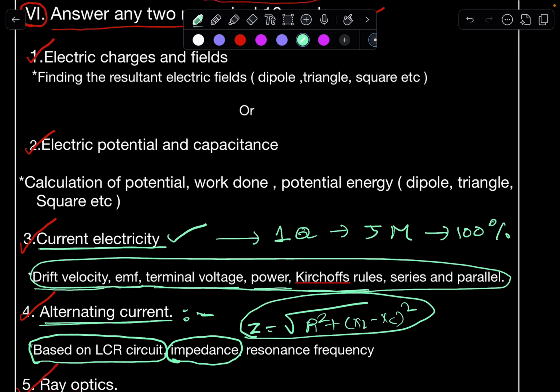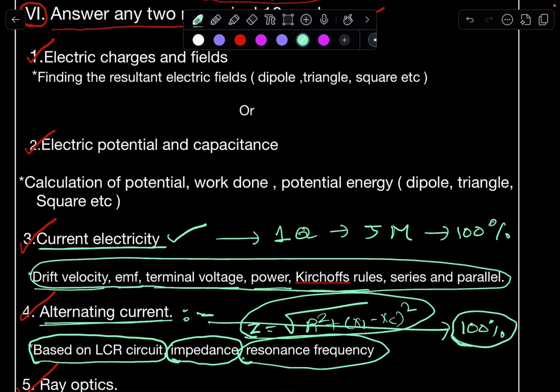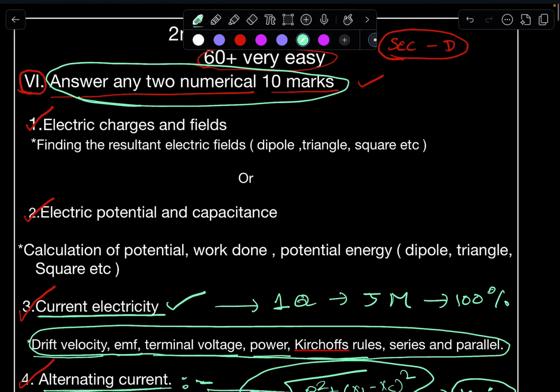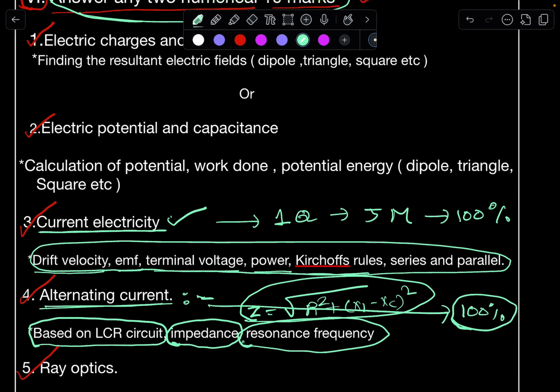So numericals related to this formula, as well as resonance frequency. This alternating current also has 100% one numerical problem. You are going to write only 2 numericals in this section, right? So you can practice only these 2 chapters, and you will get 2 numericals directly.